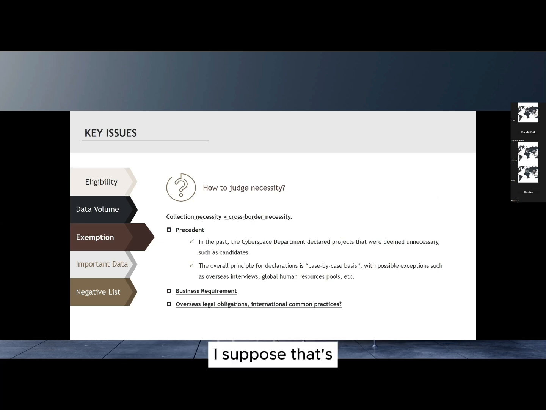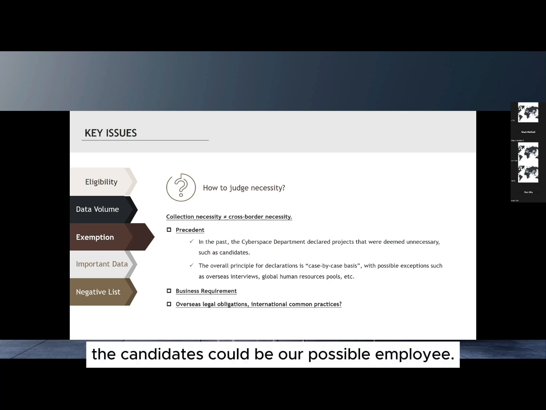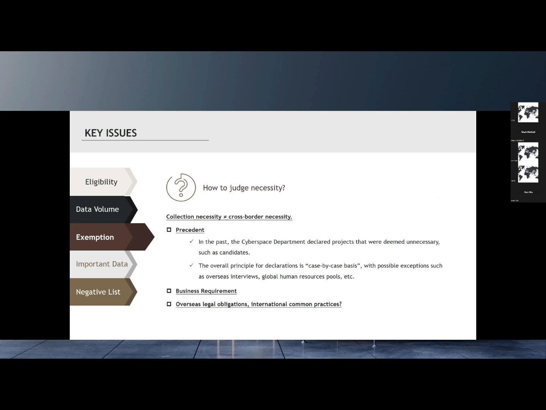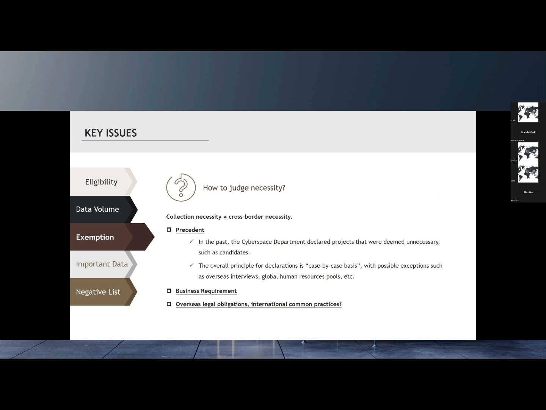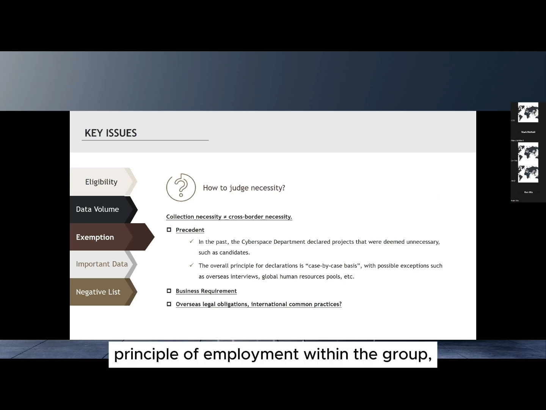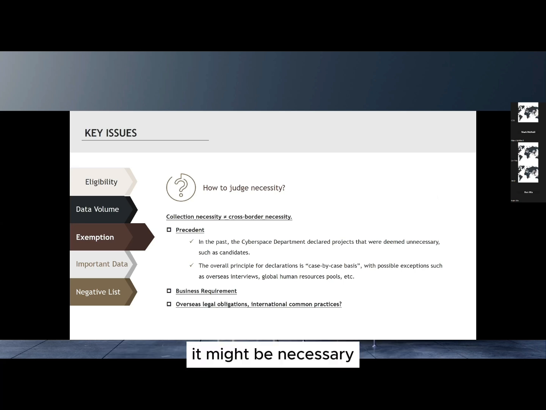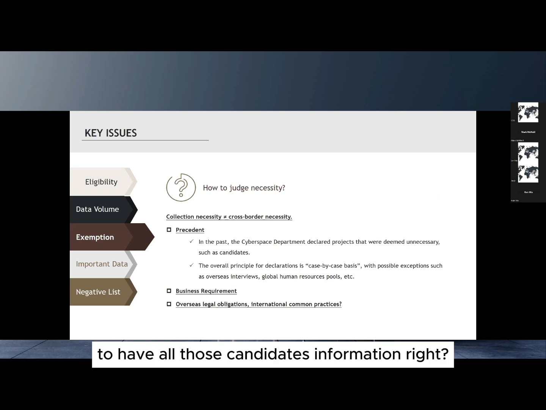I suppose that the candidates could be our possible employees, and definitely if the global HR department would like to provide a general principle of employment within the group, it might be necessary to have all those candidates' information, right?